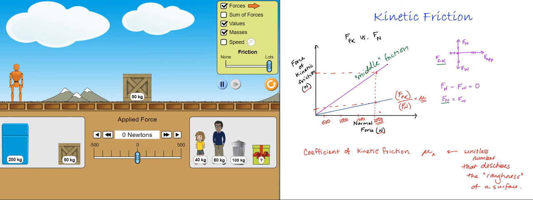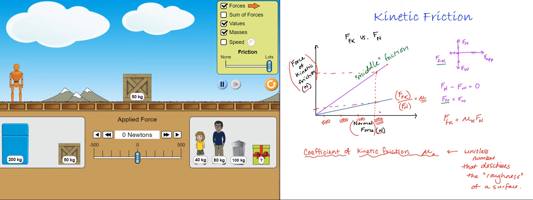So again, the coefficient of kinetic friction describes the surface contact. It's different than the actual amount of friction because the amount of friction is not only dependent upon the roughness of the surface, it's also dependent on how tightly the surfaces are pushed together, also known as the normal force. So when we write our final equation here, what we're going to have is the force of kinetic friction equals the coefficient of kinetic friction times the normal force.